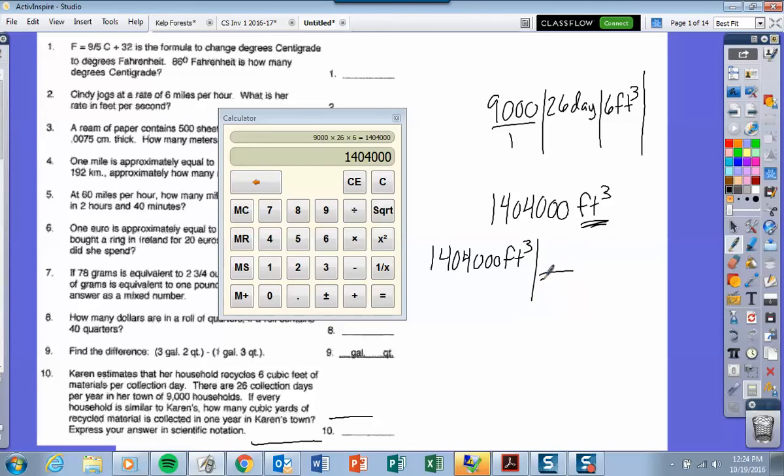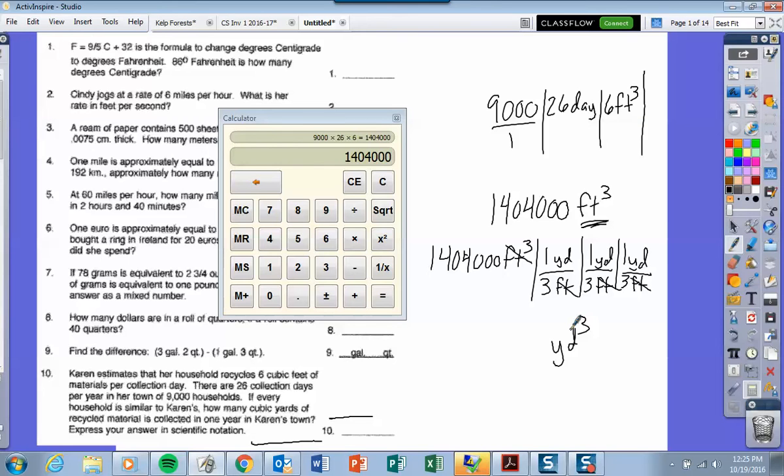I know that there are 3 feet in 1 yard, 3 feet in 1 yard, 3 feet in 1 yard. I have the 3 here because I've got cubed. It's feet times feet times feet. And I cross out all 3 of those. Yards times yards times yards gets me yards cubed.